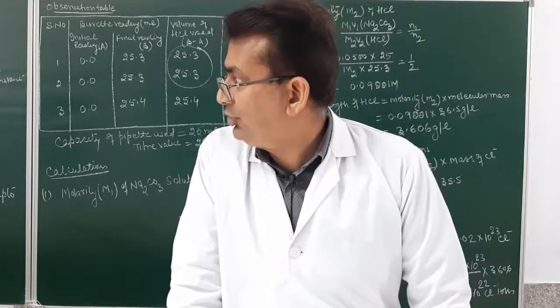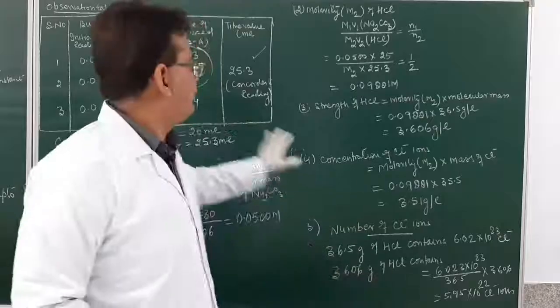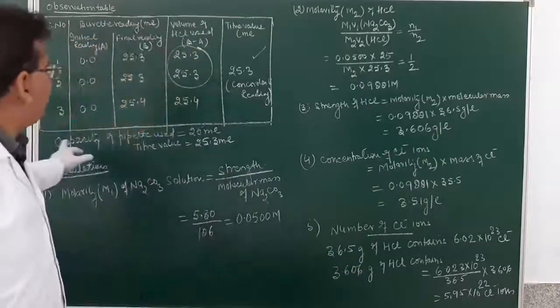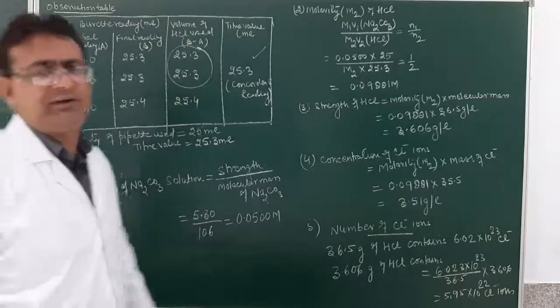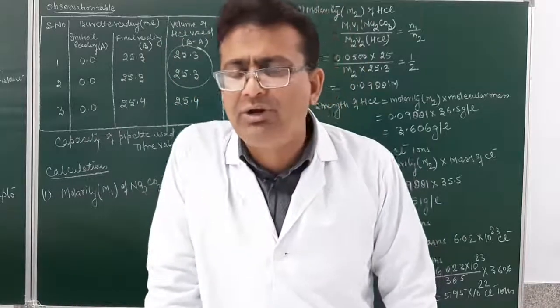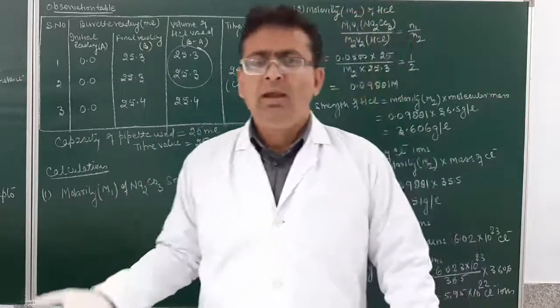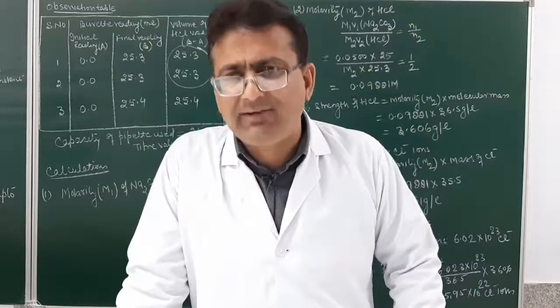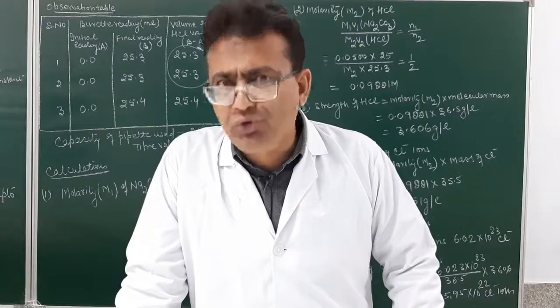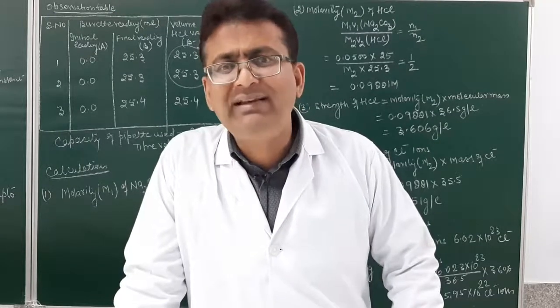So, this was the first titration in your syllabus, that is sodium carbonate versus HCl. The questions related to this have been done with you. There were 5 questions, the calculations of which have been made over here, and the tabular representation of the titer value has also been made. Exactly in the similar manner, you will be writing it down in your notebook. Now, with the same titration, there can be some other calculations. So, in experiment number 2, the process of titration will remain the same, but the questions will change.